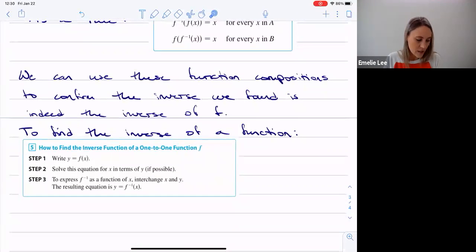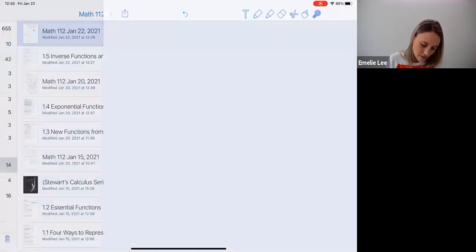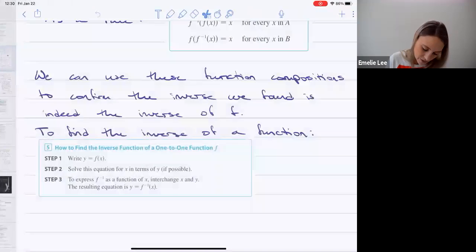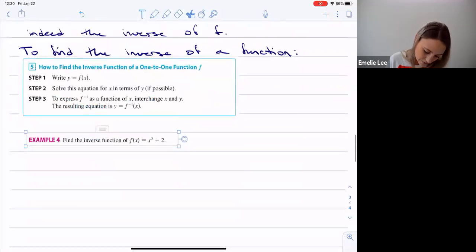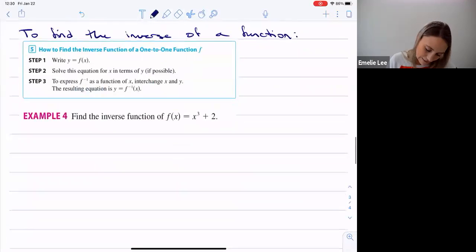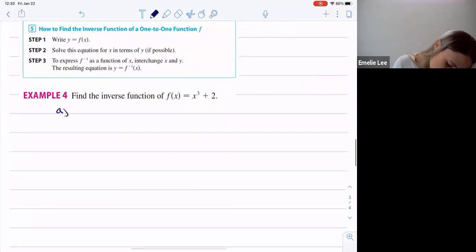Okay. So we've got example 4, but I'm going to add to it just to show you what I want you to do here. Kind of a typical one. So A, show f of x is one-to-one.